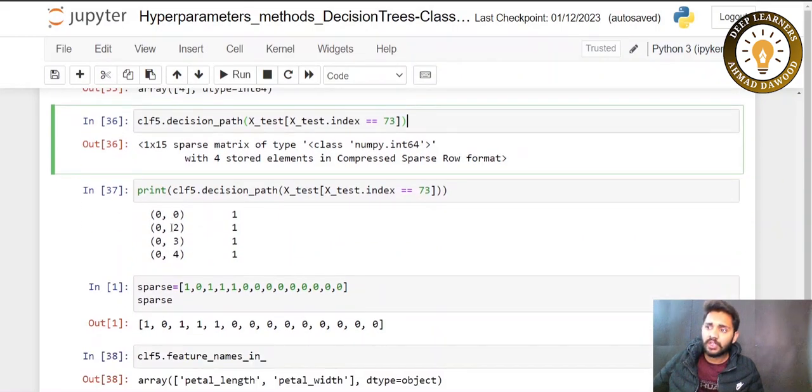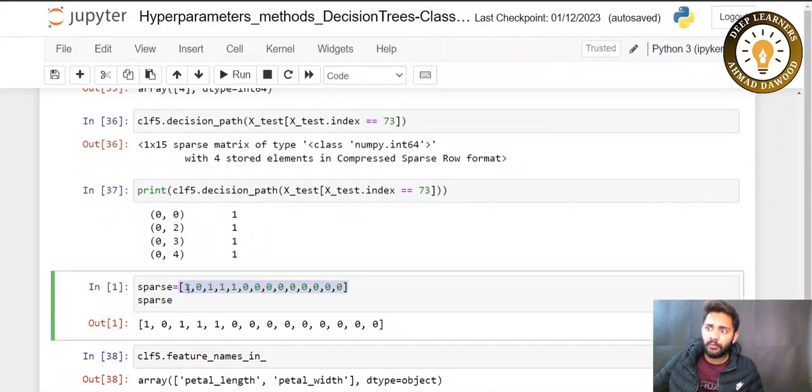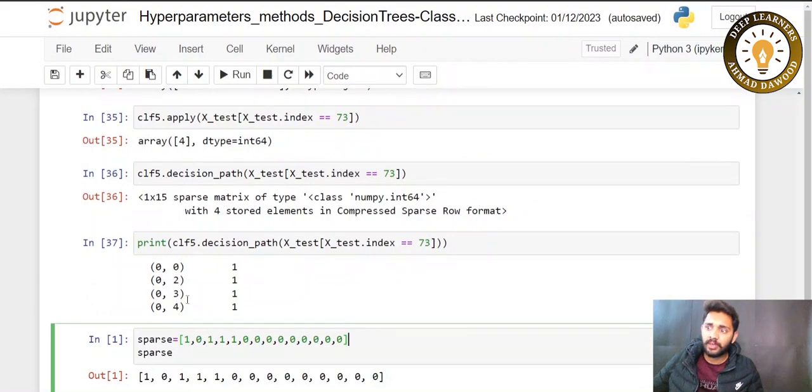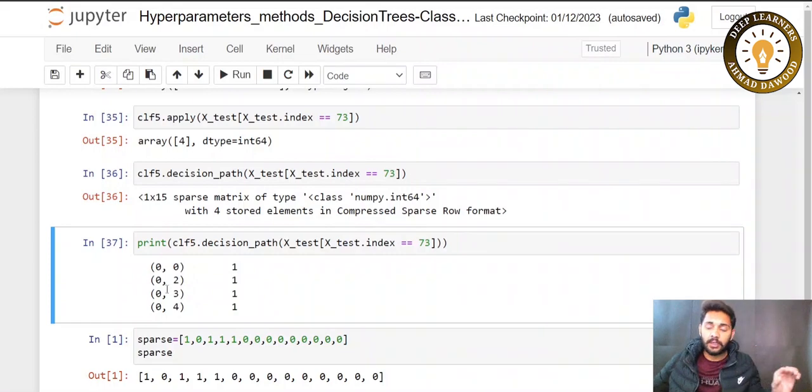Actually, if you convert that sparse matrix into a dense matrix, it will look like this. It is a one-dimensional matrix, and at the 0 0 position there is one, at the 0 2 position there is one, at the 0 3 position and the 0 4 position there is one, and all other positions have zeros. A dense matrix takes a lot of space, and that's why some methods return a sparse matrix, which can easily tell you how your sample is predicted in this decision tree.